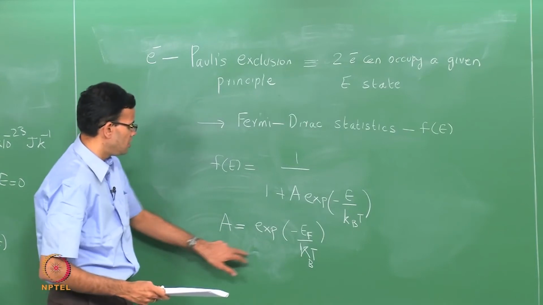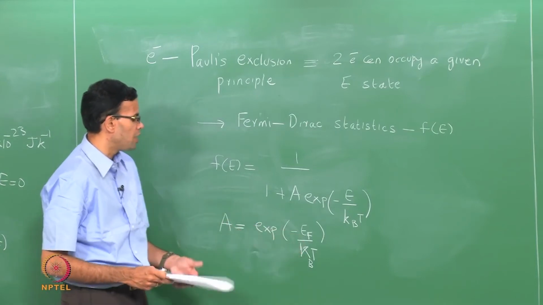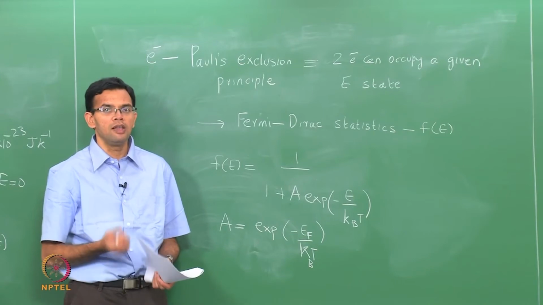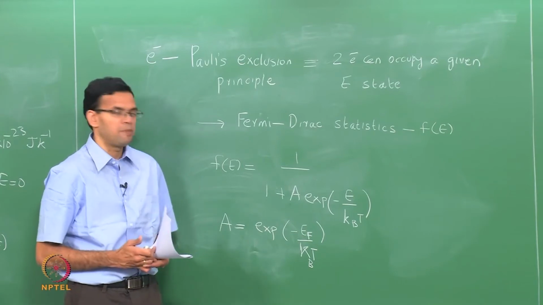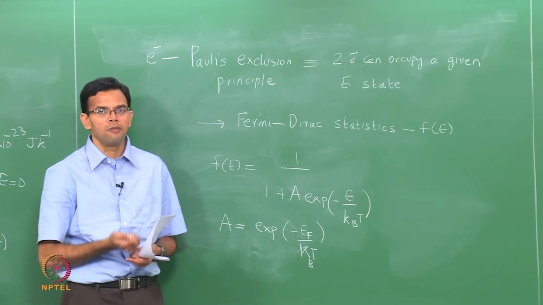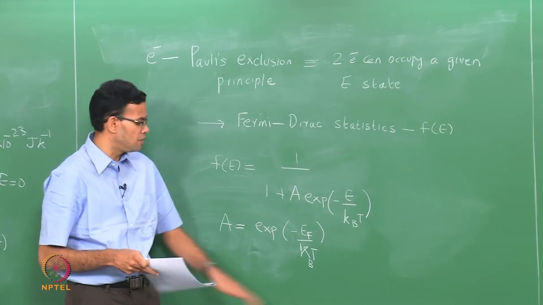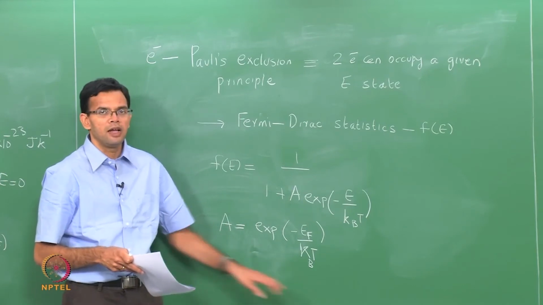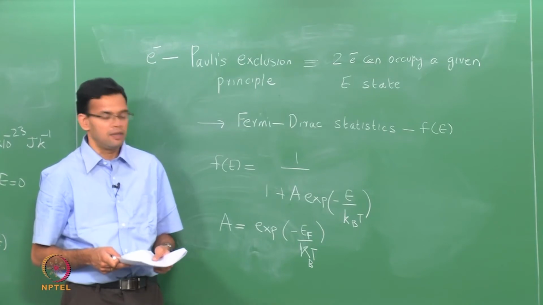So, A is nothing but minus EF over kBT, and we saw earlier that the Fermi energy represents the highest occupied energy state. So, it is the gap between the occupied and the unoccupied states in a metal.